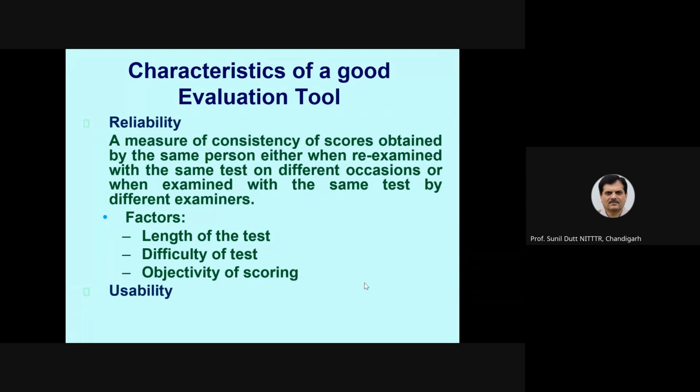Say 20% items can be of very difficult in nature, 20% items can be very small, simple in nature, and the rest 60% items can pertain to average difficulty level. And objectivity of scoring, that is, you break down the question into three or four parts and indicate the marks along with the question.